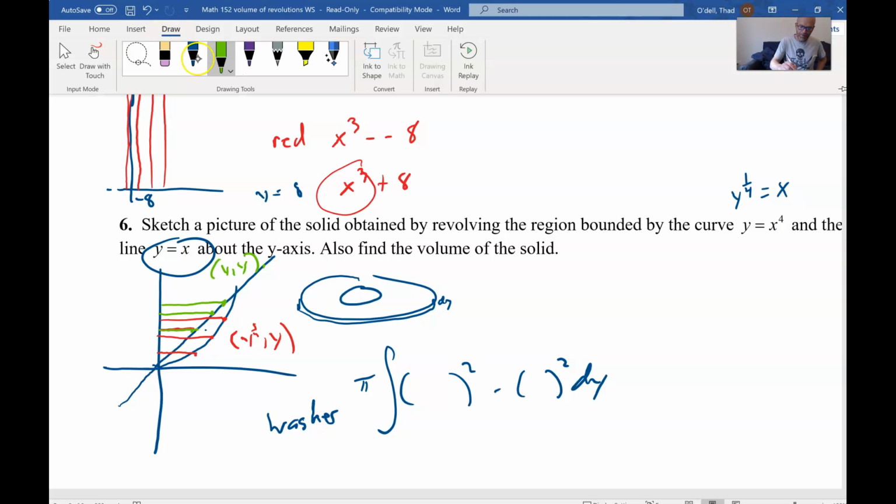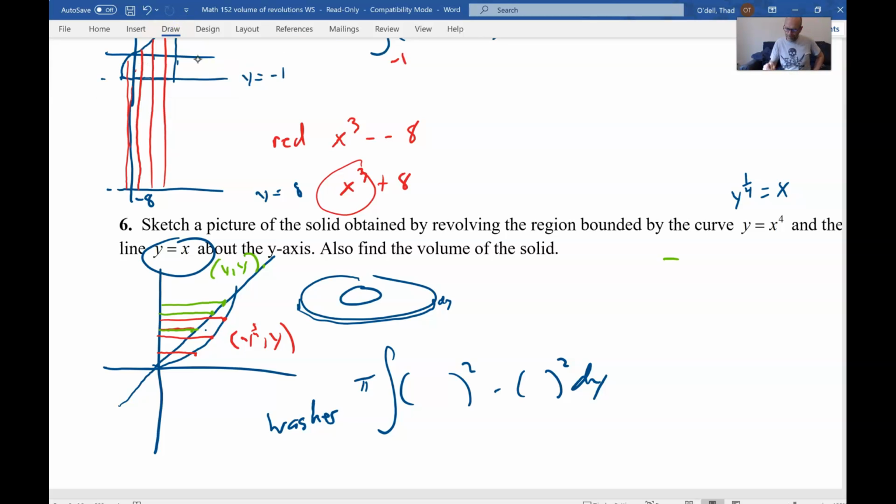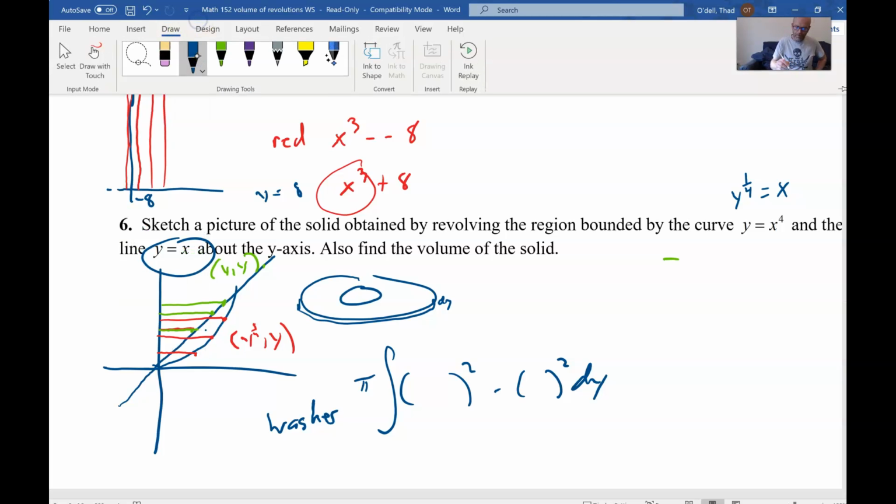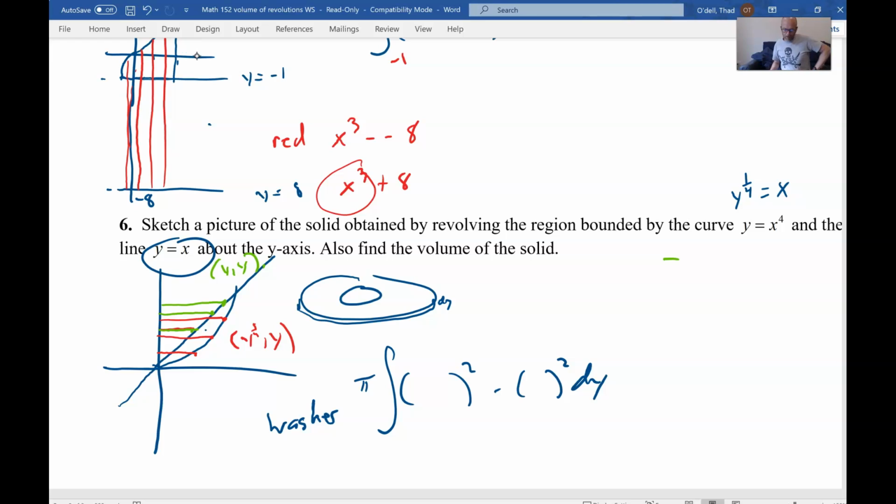So then we just got to pick the right ones. For the green line, that's the small r. That's just going to be y. And the red line, that's the big R. That's going to be the x-coordinate of the points on this line, which would be y to the 1/4.